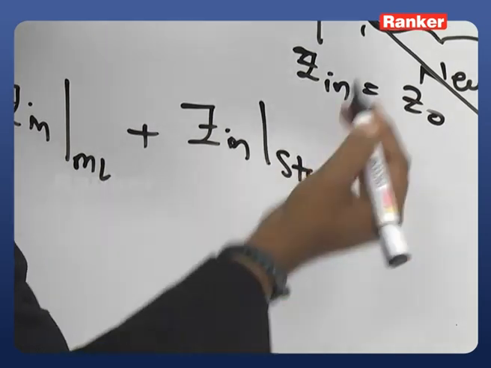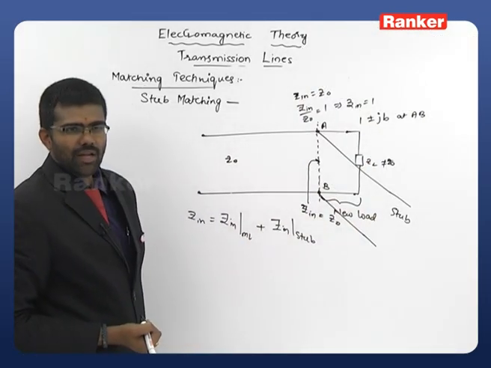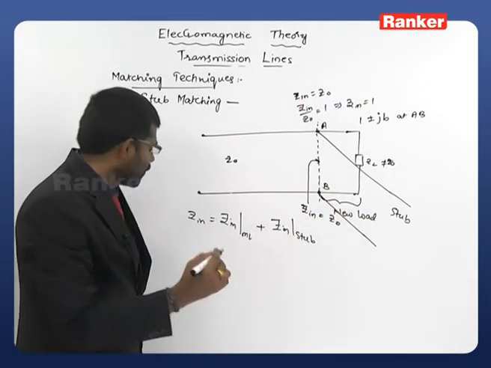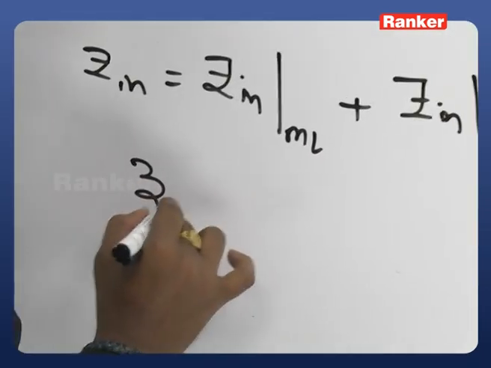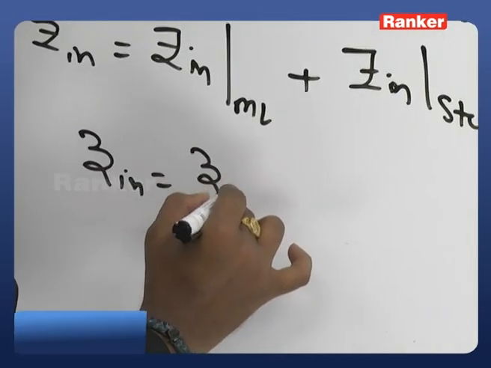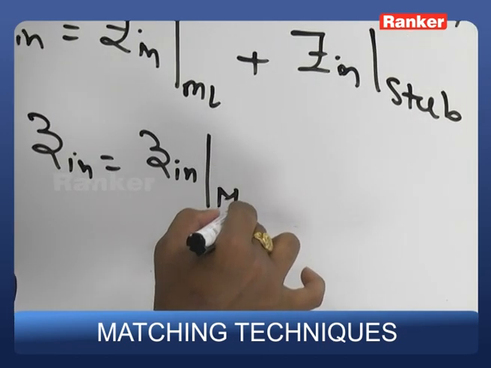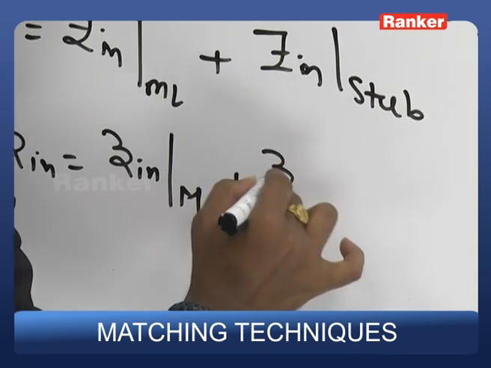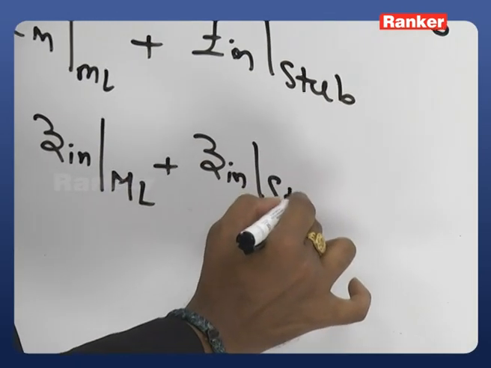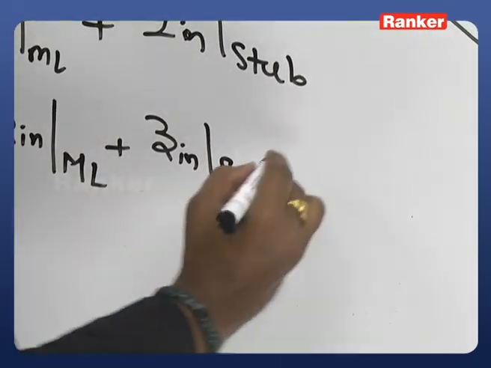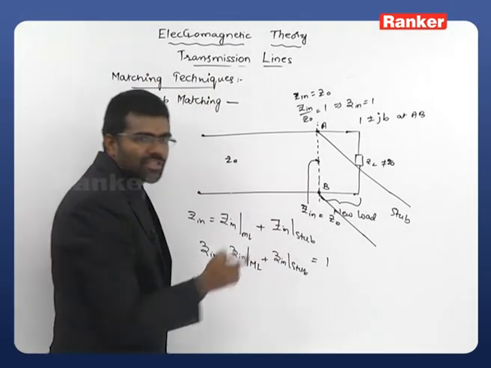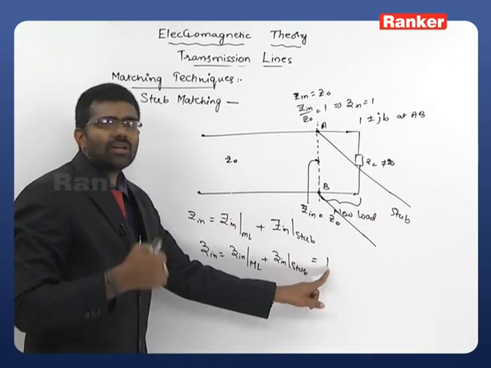If you normalize that, Zin is equal to Zin because of the main line plus Zin because of the stub. After adding these two, how much you will get? 1. That is our assumption. This 1 can be obtained how?